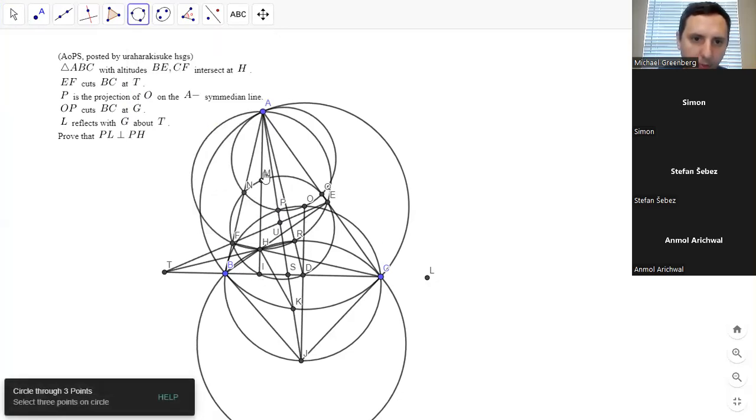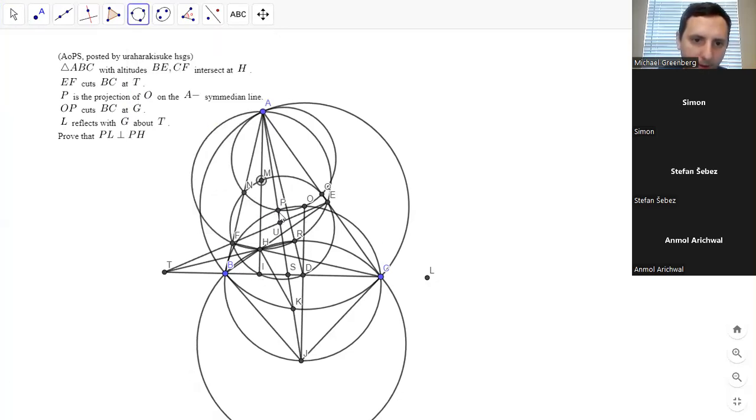And it would also pass through I. Yeah, so we know that MUIT is cyclic, and we want to show that P lies on that.